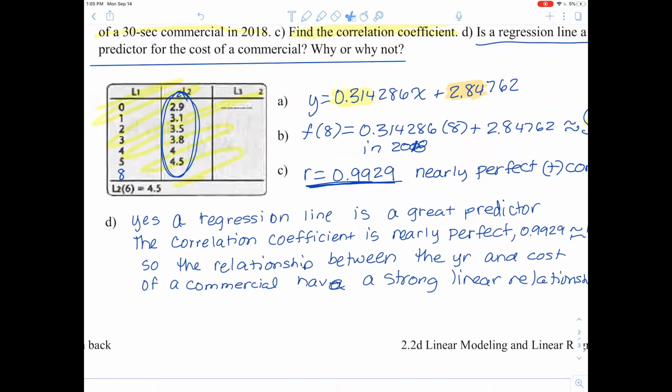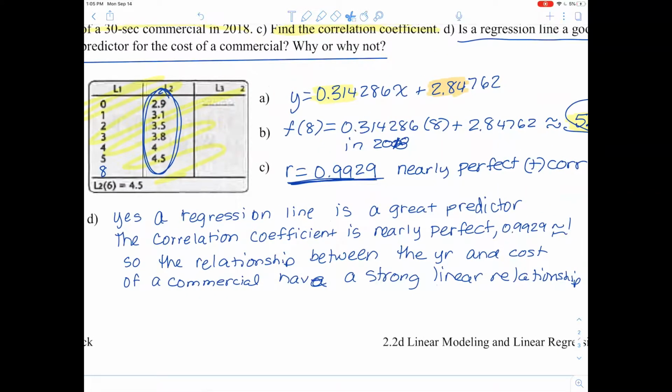So the question is, is it a good predictor? I said yes, a regression line is a great predictor, period. Or I could say because the correlation coefficient is nearly perfect; it's 0.9929, which is almost 1. It's like 99 cents versus $1. It's almost 1.